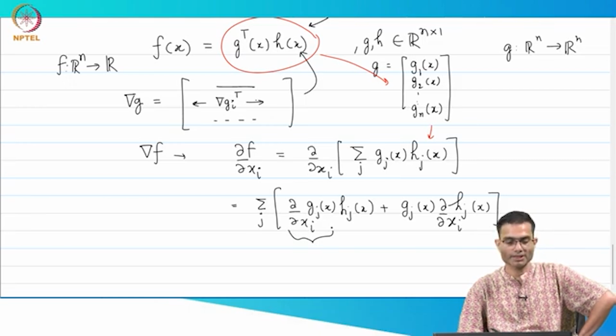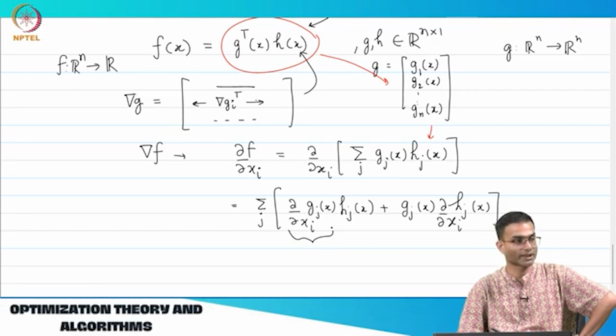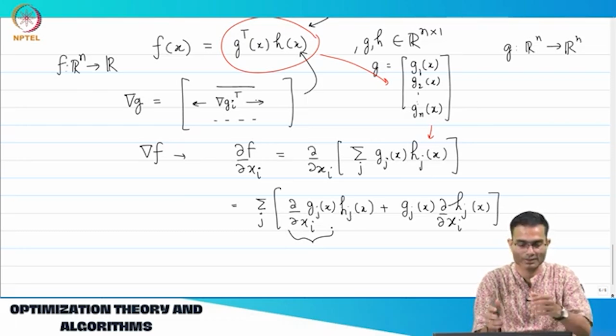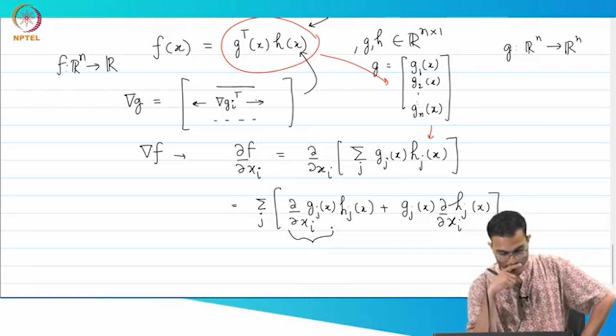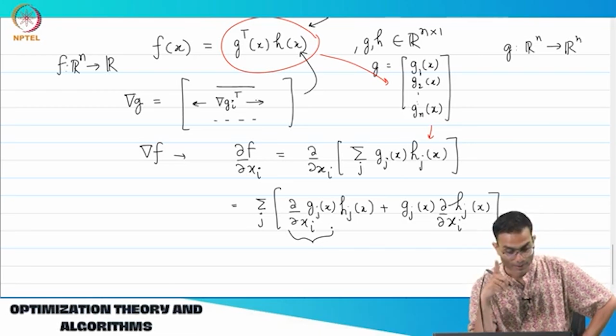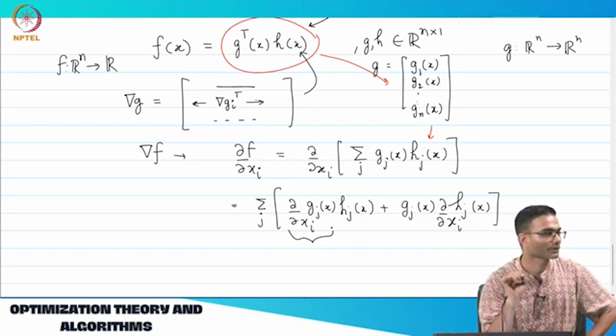So if I'm changing different j's over here, can you think of a compact thing that this term under the curly brackets is hiding? Gradient g is there, but something a little bit more specific.